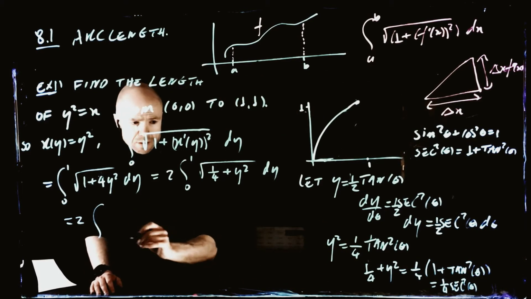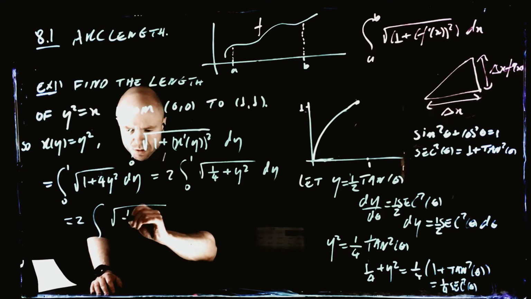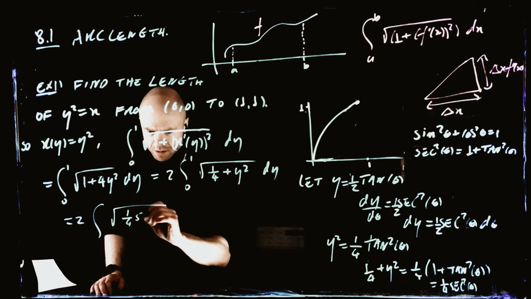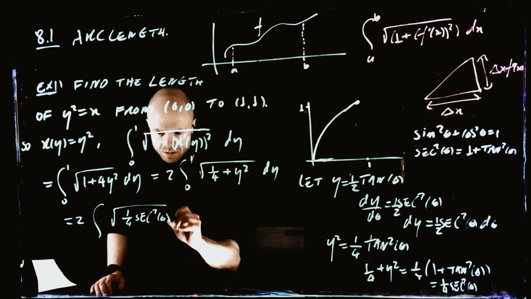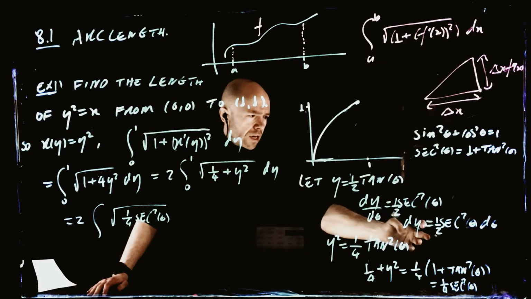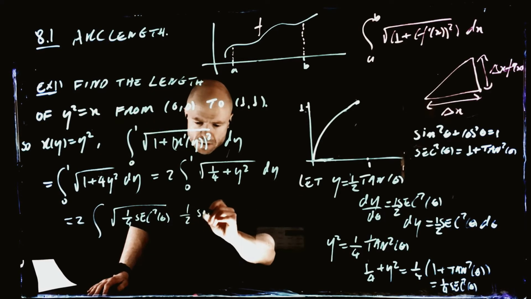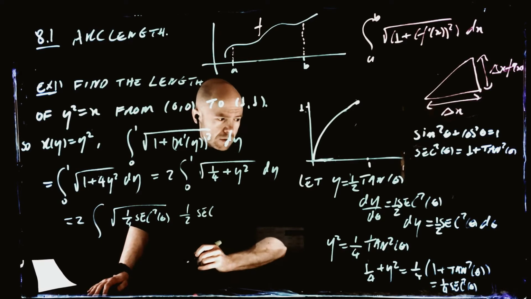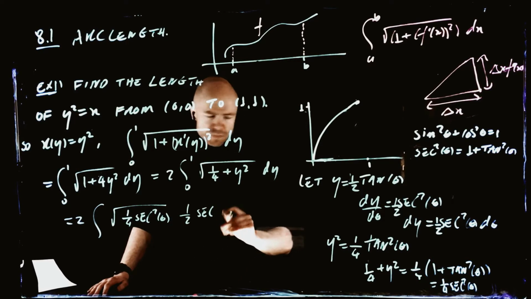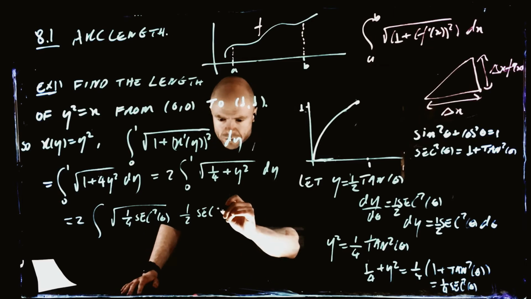So this thing gets replaced to be the square root of 1 over 4 sec squared of theta, and then this dy becomes a half of sec squared of theta.